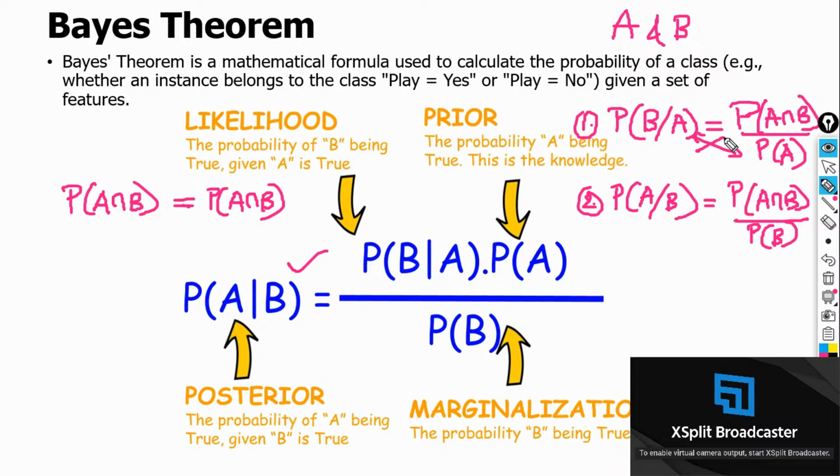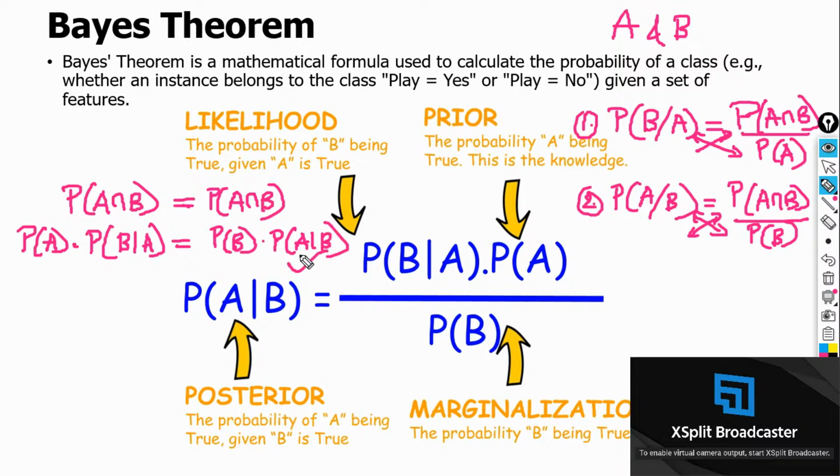So I can write it as P of A multiplied by P of B given A. Then in the second formula, I'll do the same and get P of B multiplied by P of A given B.